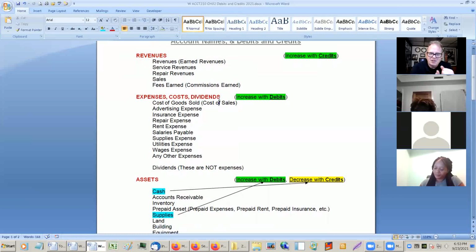Same thing with expenses. Expenses are debits. Insurance expense, repair expense, rent expense, salaries expense, whatever expense it is, they're debits. So if you run into an expense, it's a debit, and whatever the other account is has to be a credit. So revenues and expenses are actually easier than the balance sheet accounts.